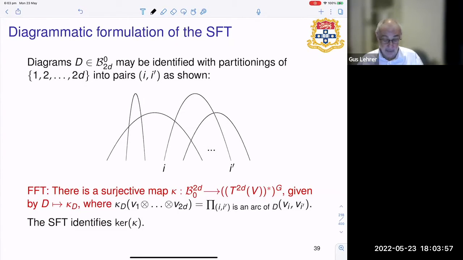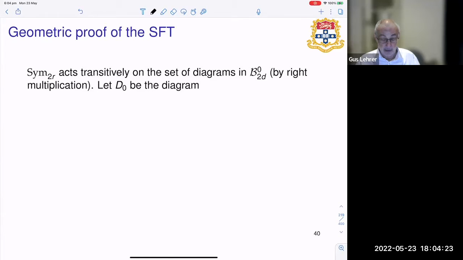The second fundamental theorem identifies the kernel of kappa, which is the map which takes diagrams like this into endomorphisms. The symmetric group of degree 2D acts transitively on the set of diagrams in B2D naught by right multiplication.